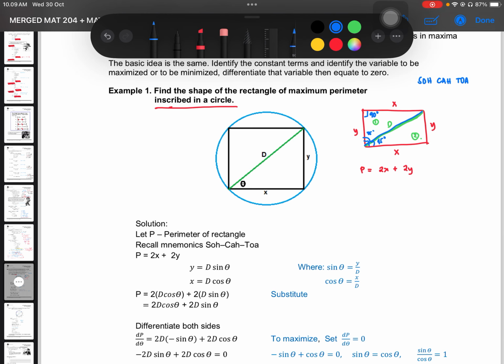So, next, using SOHCAHTOA, let's start with x. x is adjacent to the angle.